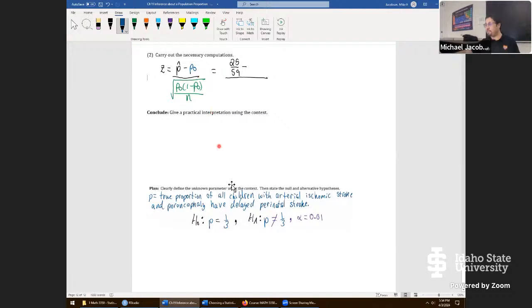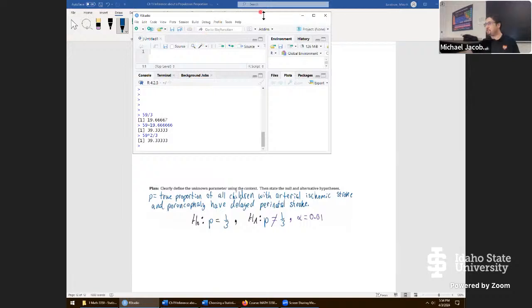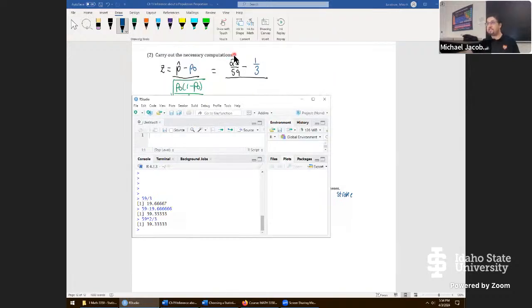When it says p naught by formula, the naught you can think of as h naught, and it's referring to this value right here, so minus 1/3. So already we have some interesting stuff in the numerator. There's a distance between the actual data right here in black and the value in the null hypothesis.